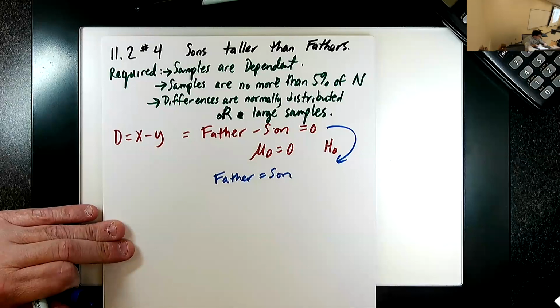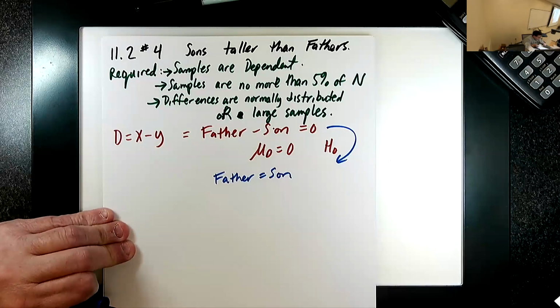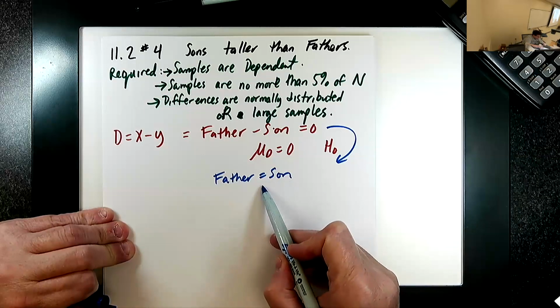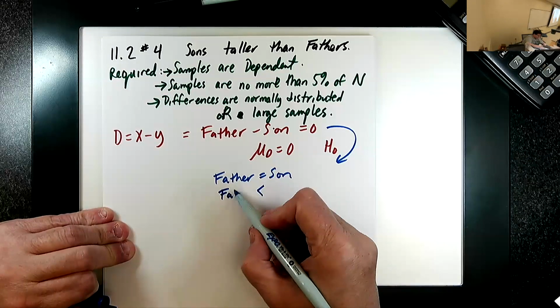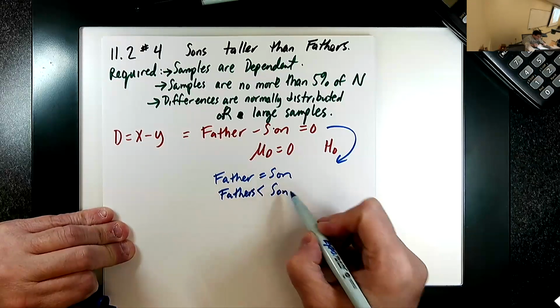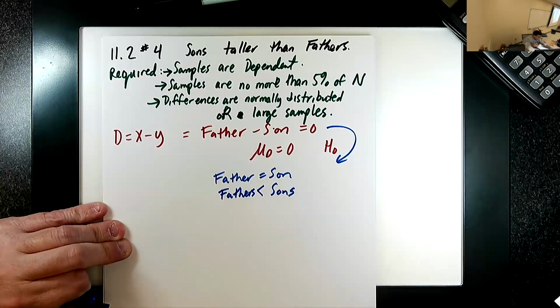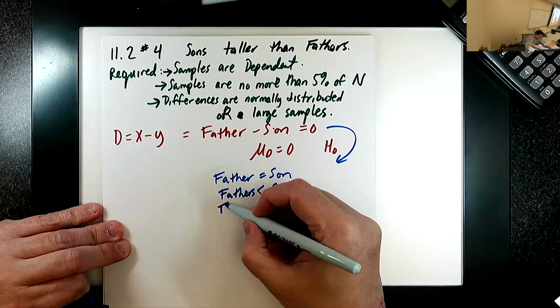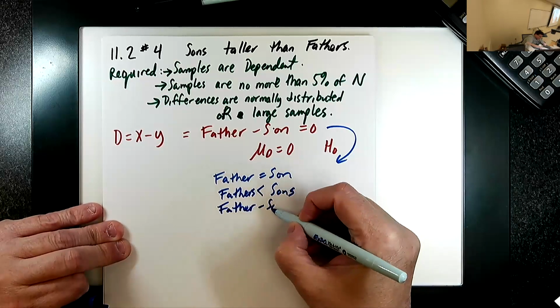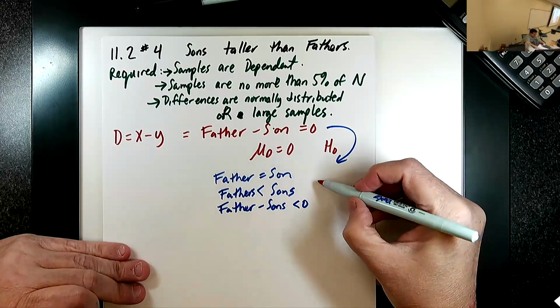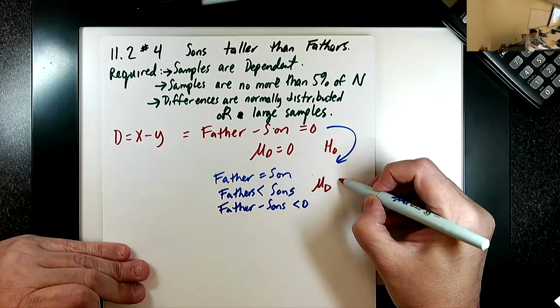If we're looking at the mean height, what symbol should I use for sons are taller than their fathers? The father's on the left, the son's on the right, sons are taller. That should be like that. Fathers are less than sons. And so if I subtract that back over, I have father minus sons is less than 0. That's going to be my HA. HA is going to be mu D is less than 0.